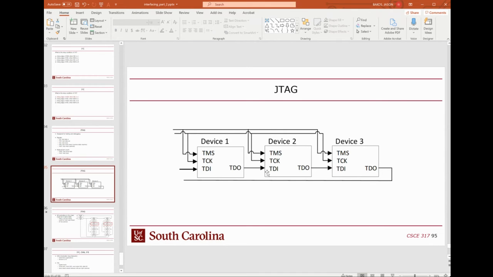Okay, so it's important to understand that, because in order to do a read or a write with JTAG, you have to use the TMS along with the clock to put these devices into the appropriate mode.